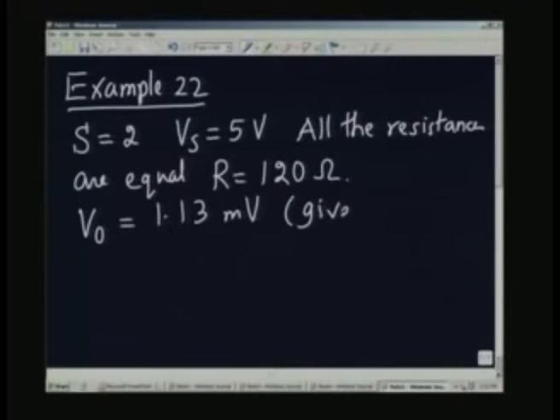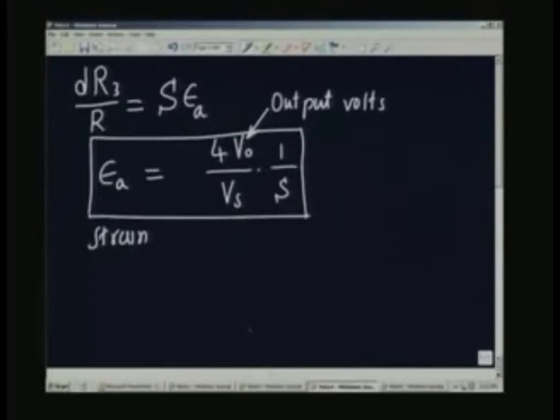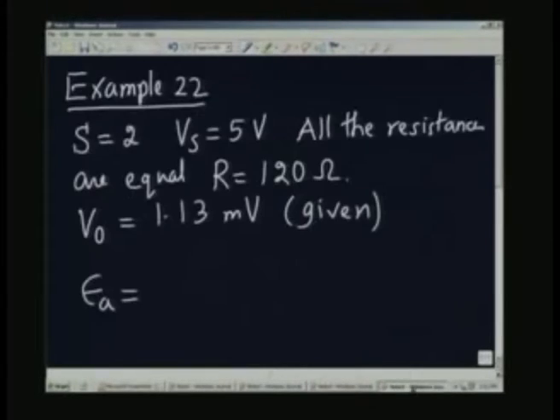I would like to know what this corresponds to in terms of the strain gauge. That is what the problem is. We just have to use the formula I wrote on the previous page. The formula you can recapitulate: epsilon A equal to 4 V0 by Vs into 1 over S. It is a very simple formula.